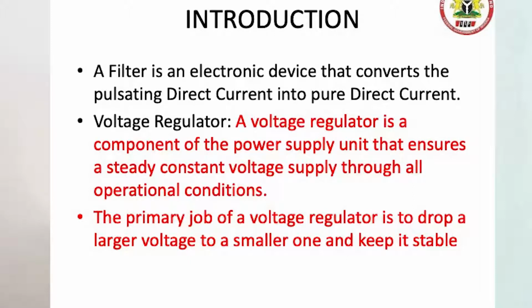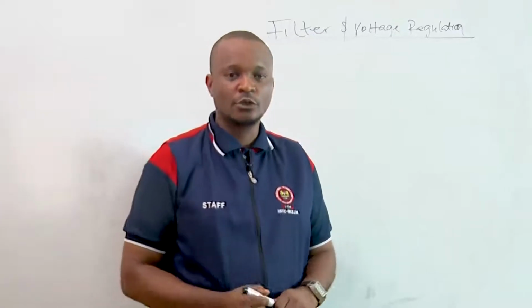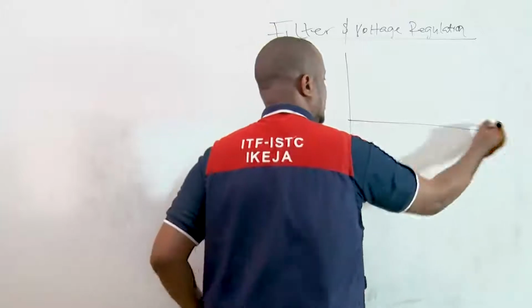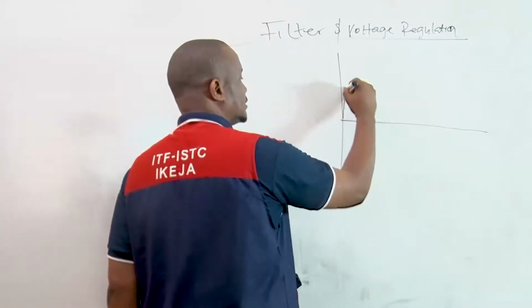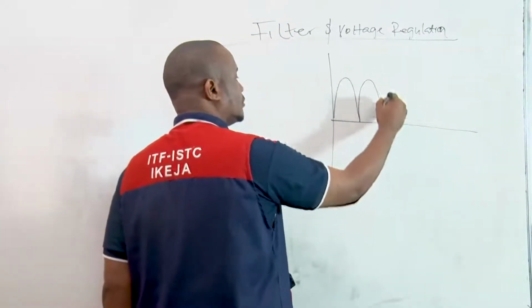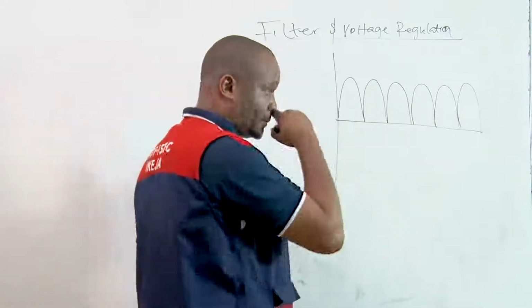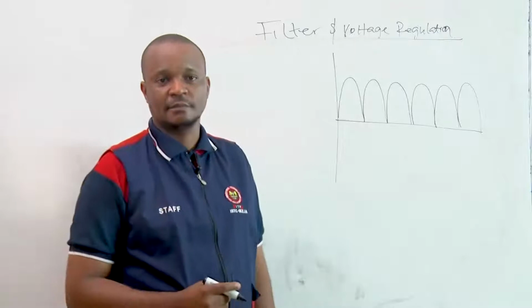A filter is an electronic device that converts the pulsating direct current into pure direct current. You remember in the last video, we talked about pulsating DC, DC that has not been completely filtered. So this is what we mean by pulsating DC.